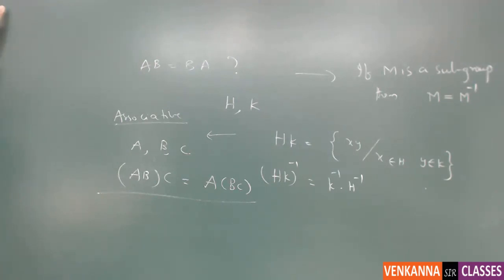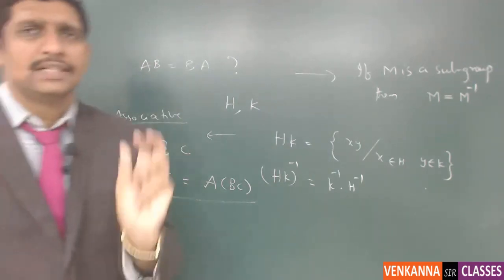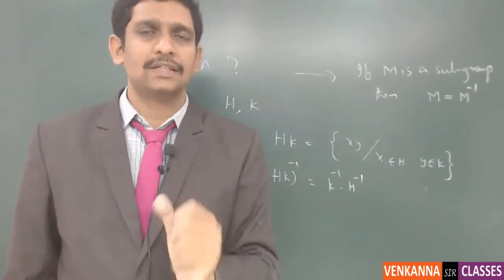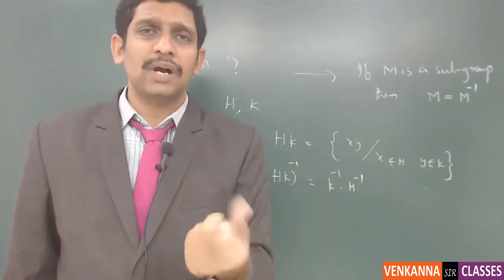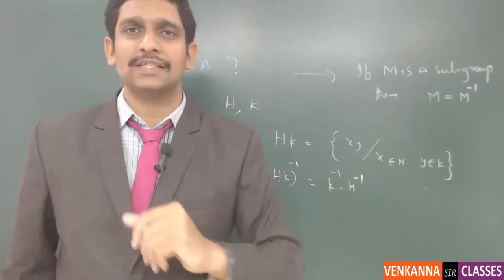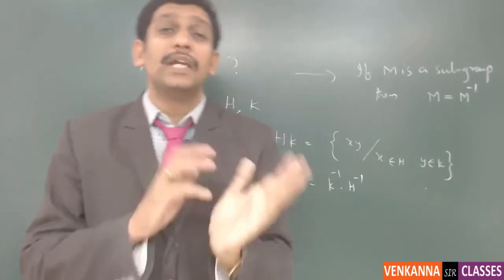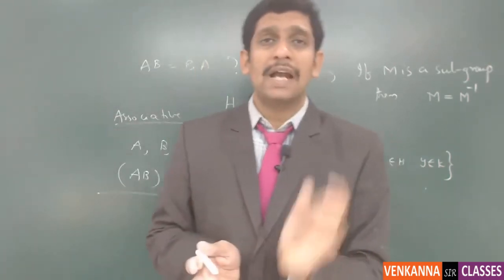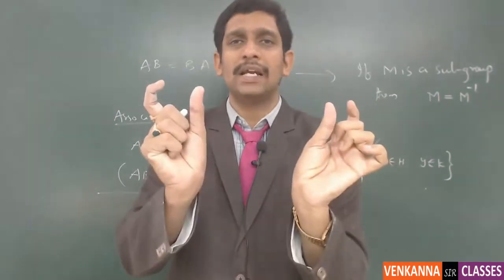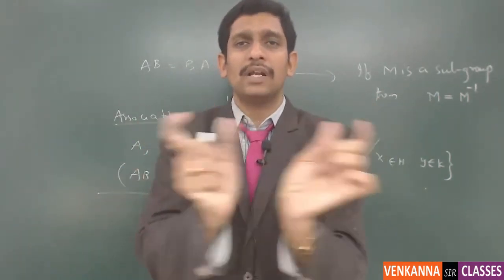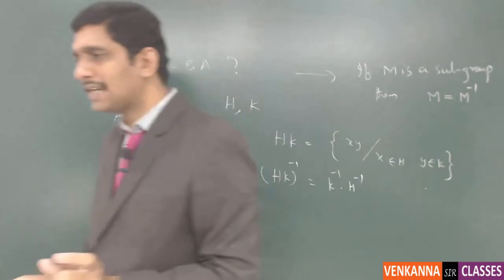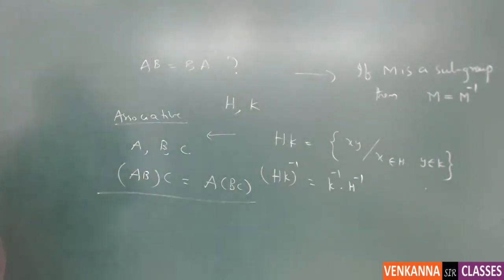Because if you take A as a set of 2 by 2 matrices and B also as a set of 2 by 2 matrices, and multiply them, can you say AB is always equal to BA? Do they satisfy the commutative property in matrices? No, sometimes they are equal, sometimes not.